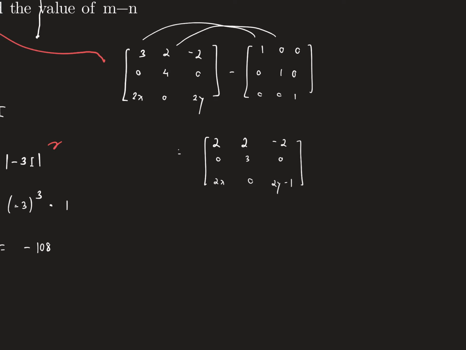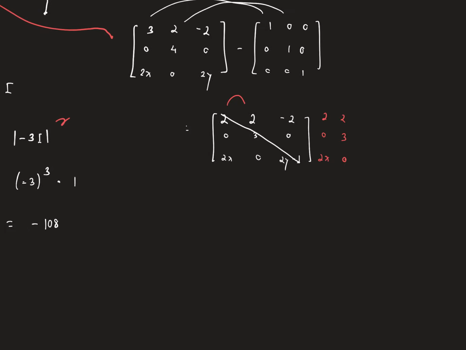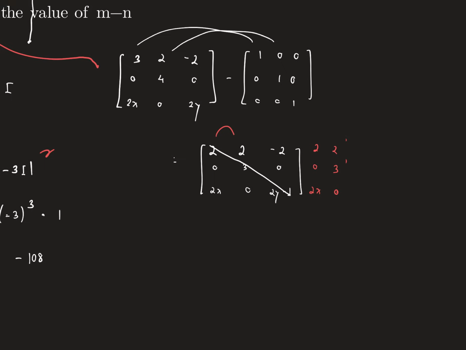And to continue this, I'm going to add two more columns, so we can find the determinant of the 3 times 3 matrix. So what I'm going to add is the first two columns: 2, 0, 2x, 2, 3, 0. And what we'll get here is, well, it's going to be quite difficult to see, but I guess you could. 2 times 3 is 6, and then 6 times 2y minus 1.